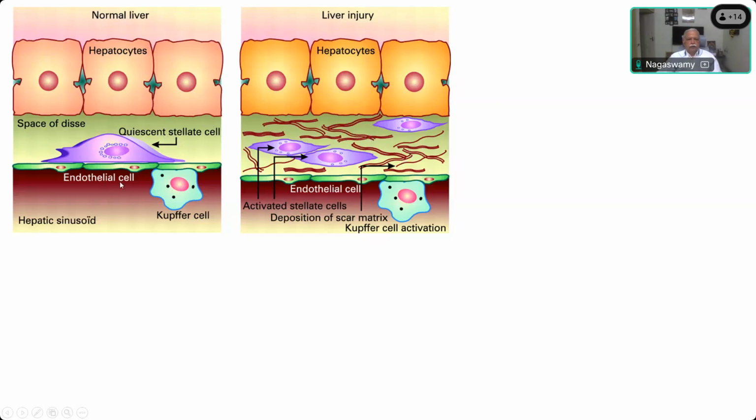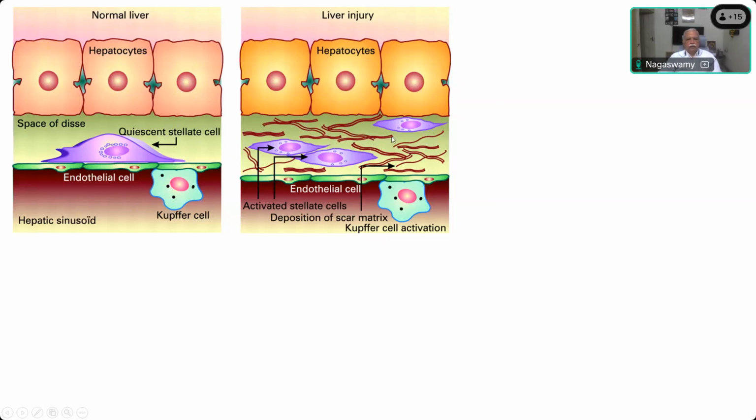And the space of Disse is important because unlike other organs, there are no specific small vascular channels here. These sinusoids are huge blood containing spaces from where the blood has to go to the hepatocytes and take all the ingredients for metabolism like protein, fat, and the carbohydrates. So this space is very important.